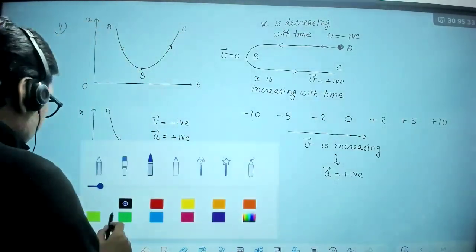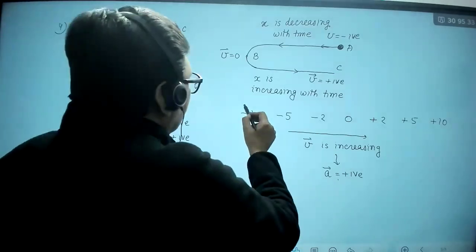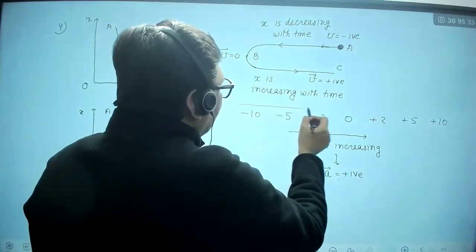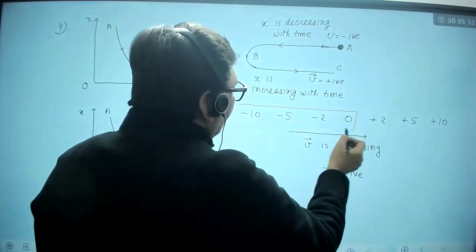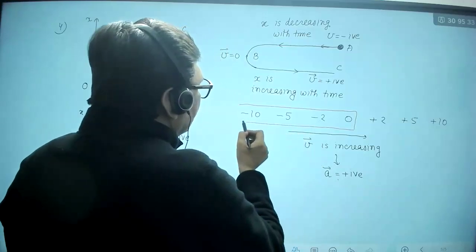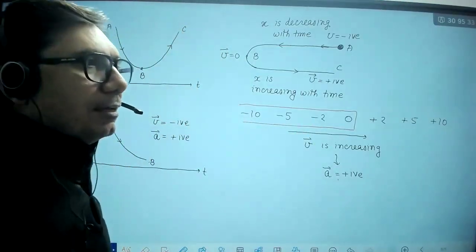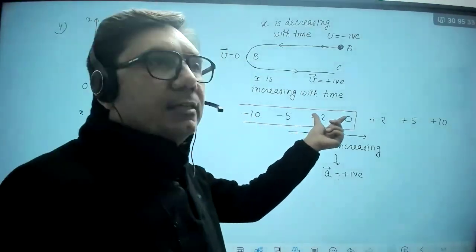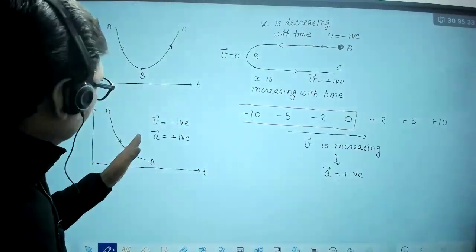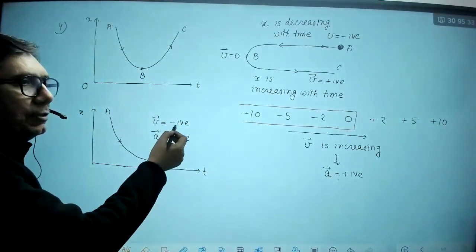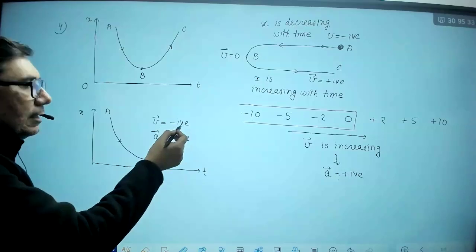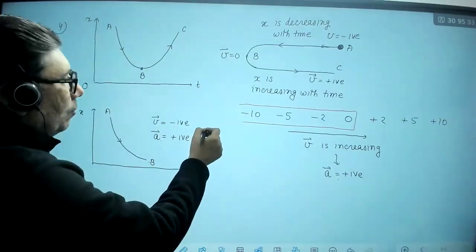Velocity is increasing, but look at the speed. Okay? I'm drawing this zone. If your car is undergoing like this, what will you say? Because direction is negative, that is okay. But speed is going to decrease here. So this is a retarding zone. Here they are going to have opposite sign. Velocity is negative, acceleration is positive. What is this?